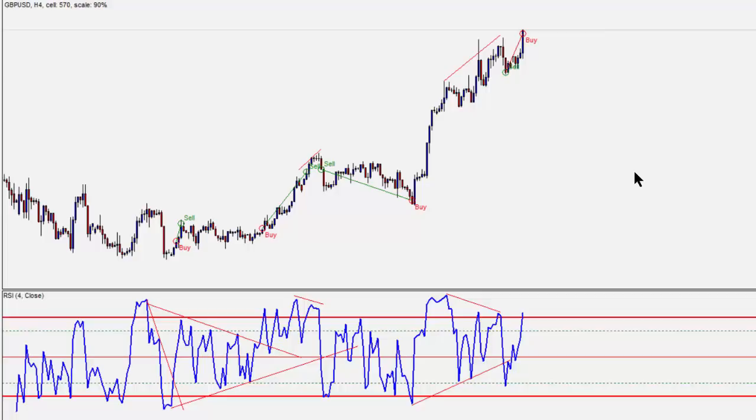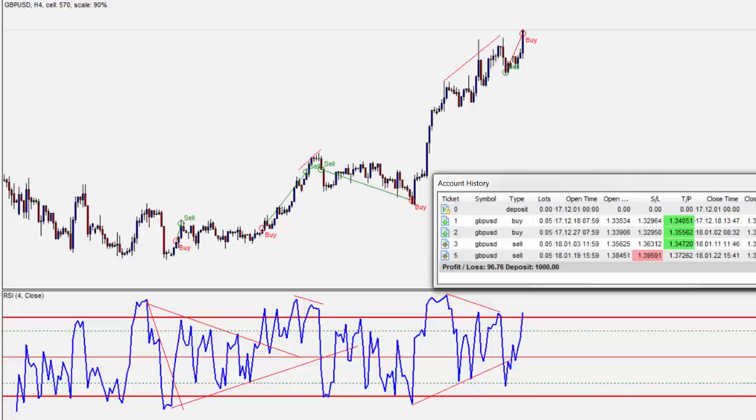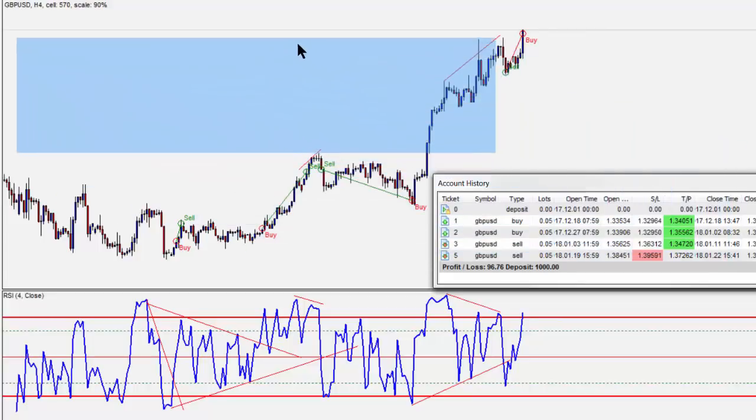Sometimes you see a great setup and the market doesn't like it. So let's just have a look at what's happened to our account. It has now had a bit of a knock there, a negative trade, but let's just carry on and not worry too much about that.